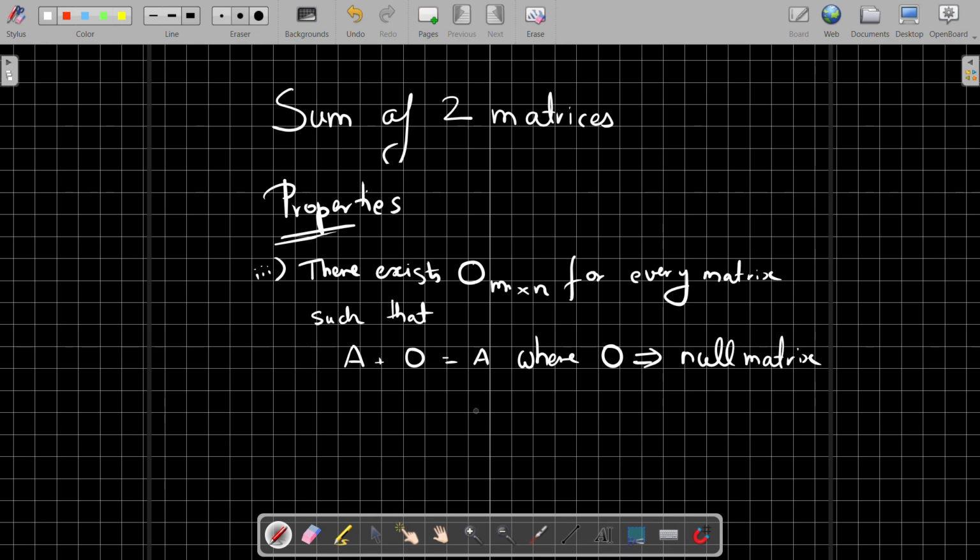So basically you will have an associated null matrix for every matrix such that adding those two will just give you the same matrix back.